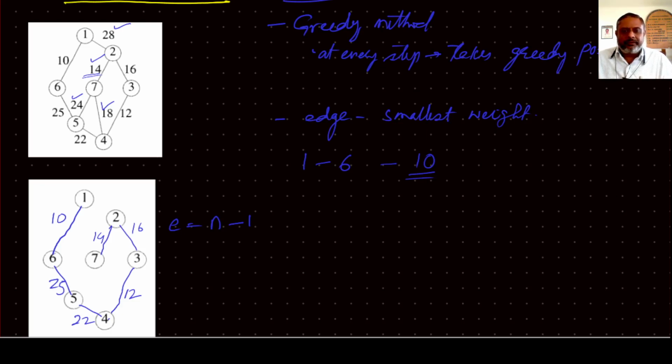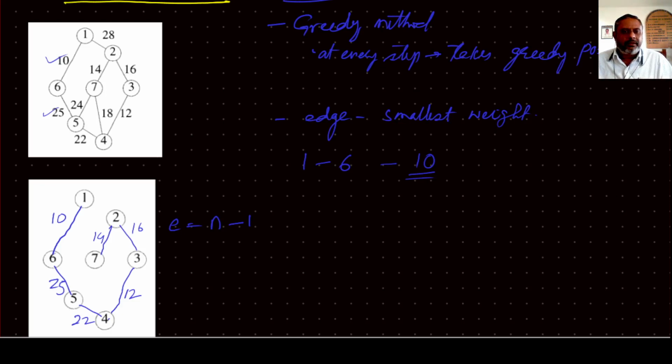And because we are using greedy logic, the algorithm finds the spanning tree which is hoped to be the smallest possible. So let me check one by one. Are we at the best? For 1, either the 10 edge or the 28 edge should be there, and we are using the 10 edge. That's okay. For 6, there is only one option, 25, to continue.